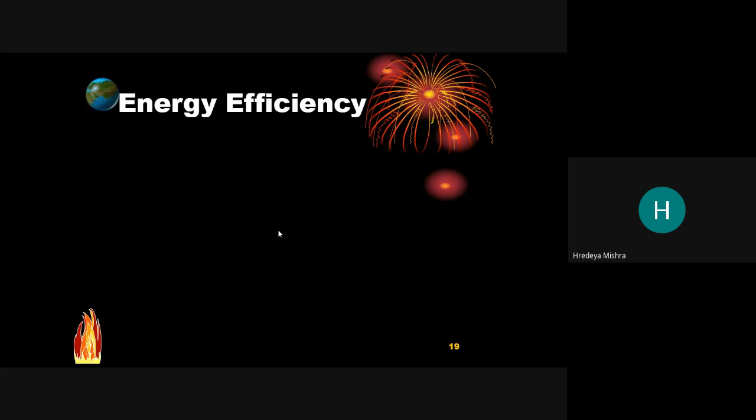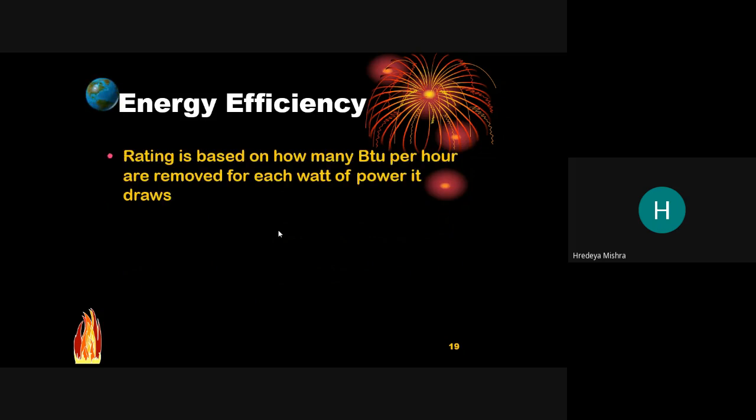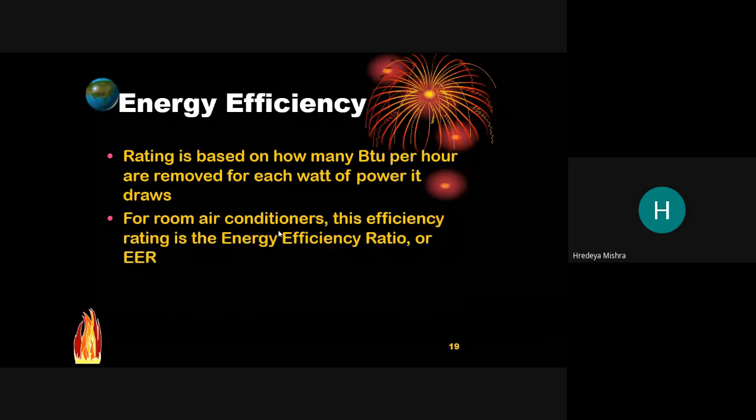So rating is based on how many British thermal units, BTU, per hour are removed for each watt of power drawn. For room air conditioners, this efficiency rating is the energy efficiency ratio, or EER.